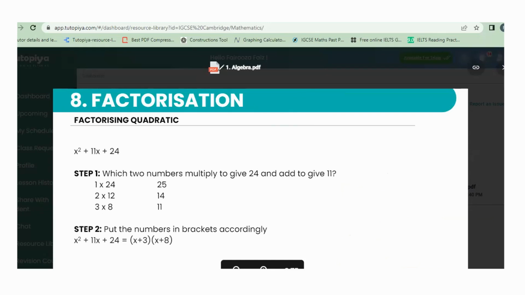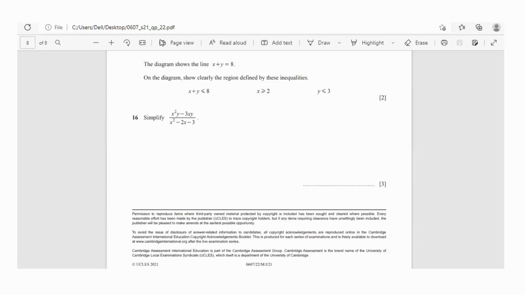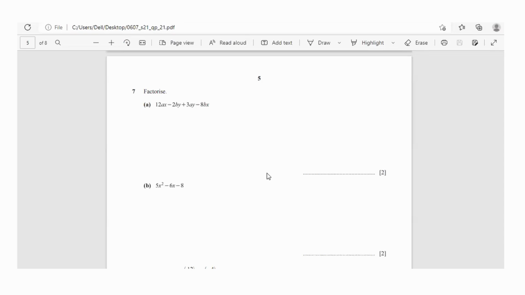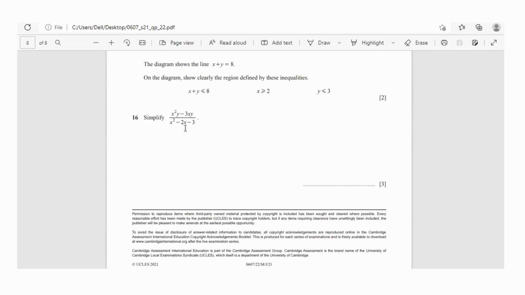Where is this? Can you see the past paper here? This question. Can we try this?